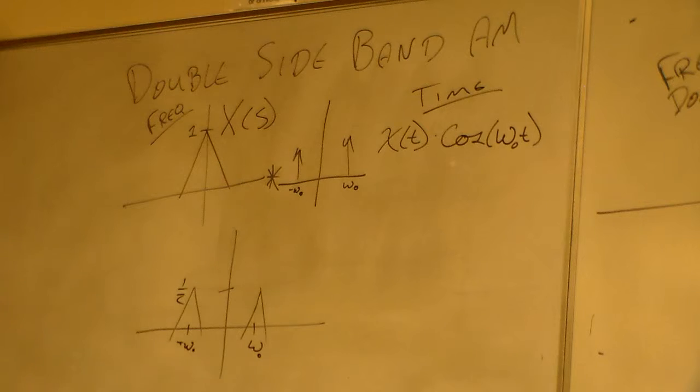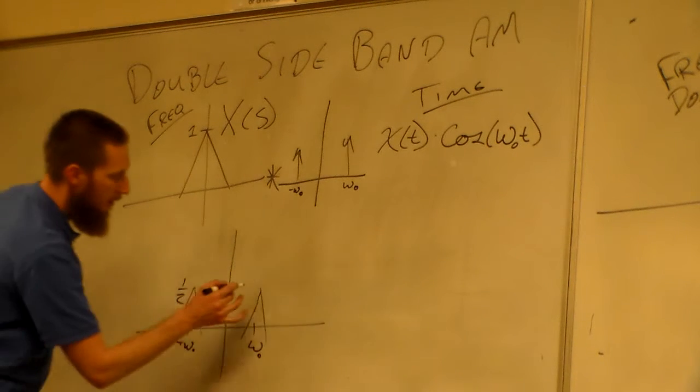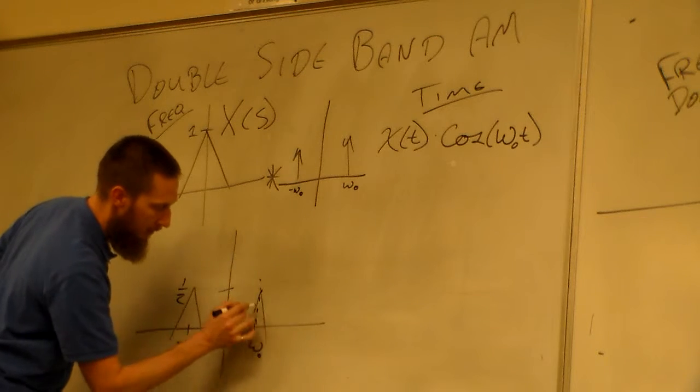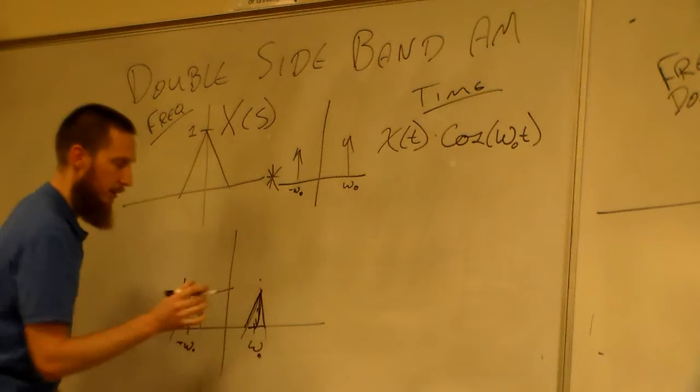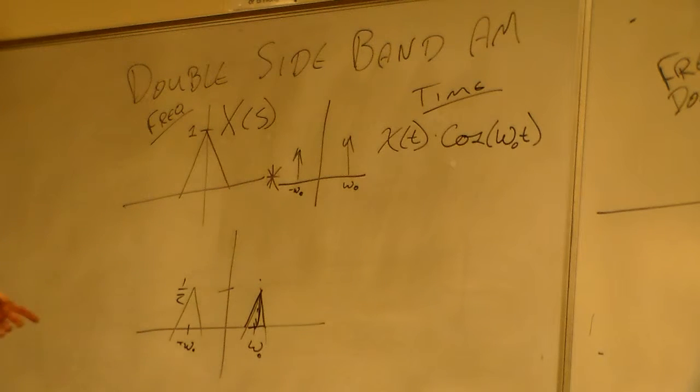Double sideband, because we have two of them, and we have both the upper part and the lower part of the triangle. So that's why it's called double sideband AM, because we've got both of the sidebands. How do we put this back together?